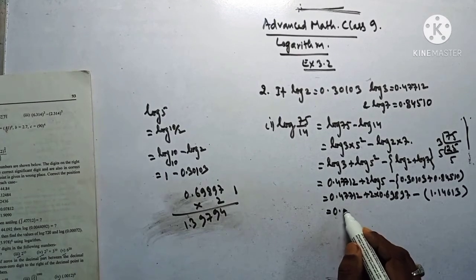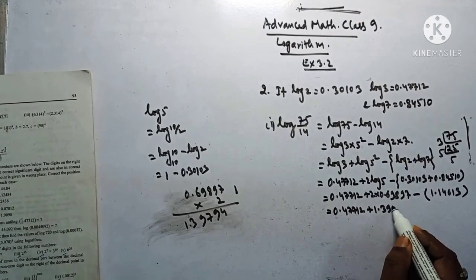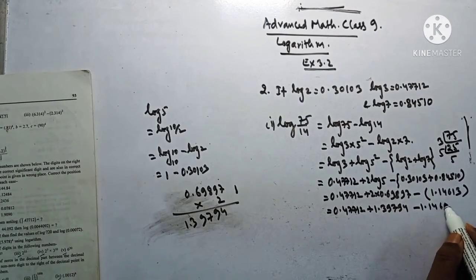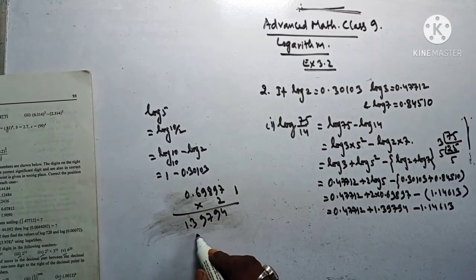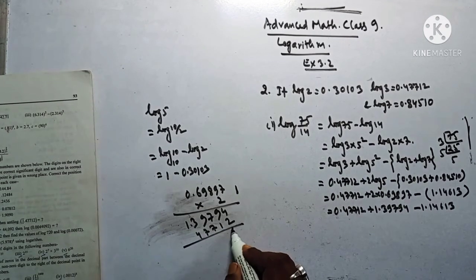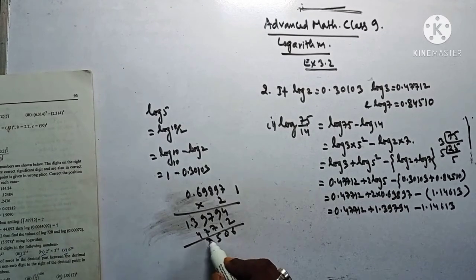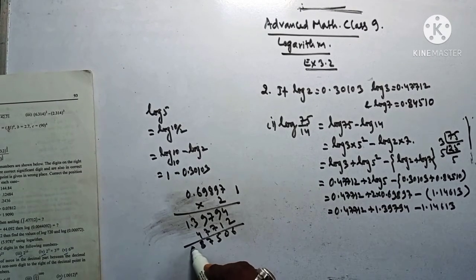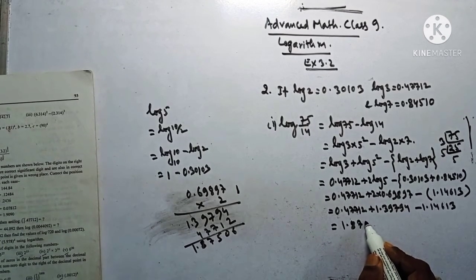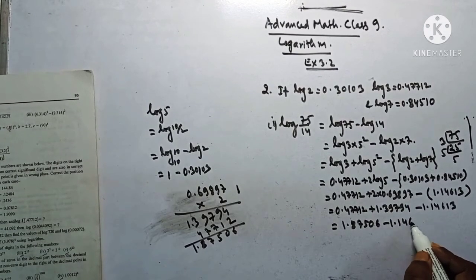So this will be 0.47712 plus 1.39794 minus 1.14613. So when we add it, 47712 plus 1.39794 comes out to be 1.87506, minus 1.14613.